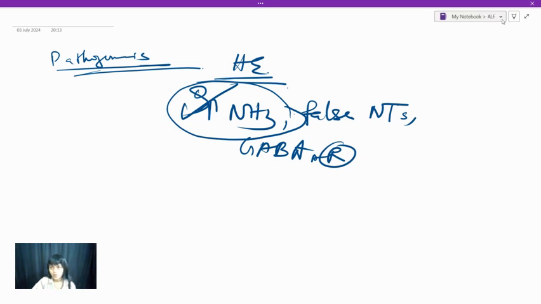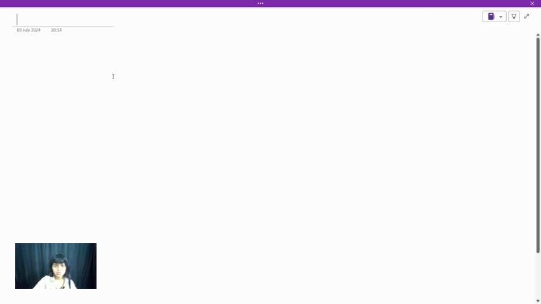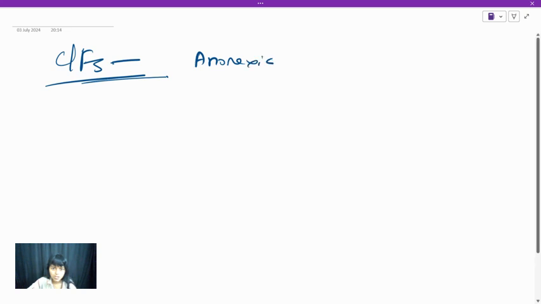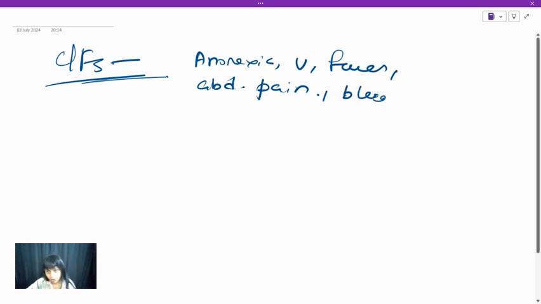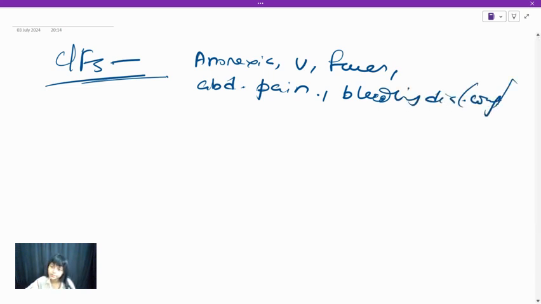Well, now moving on to the clinical features. So, what are the clinical features? They may present to you with anorexia, vomiting, fever, abdominal pain, right? And there may be features of bleeding diathesis due to the coagulopathy, right?